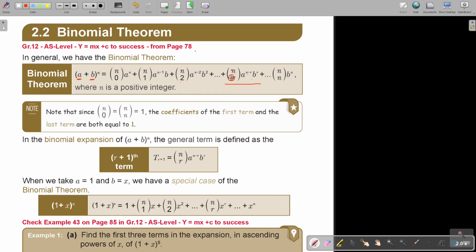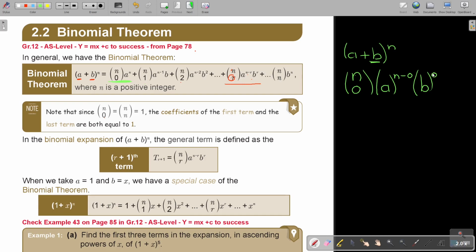Now I want to show you how they came to this. Remember, your bracket is a plus b to the power n. If you start, you always start with n over 0, then n over 1, n over 2, and so on. For the first term you take the top minus the bottom, so n minus 0, and for the second term you just take the bottom.